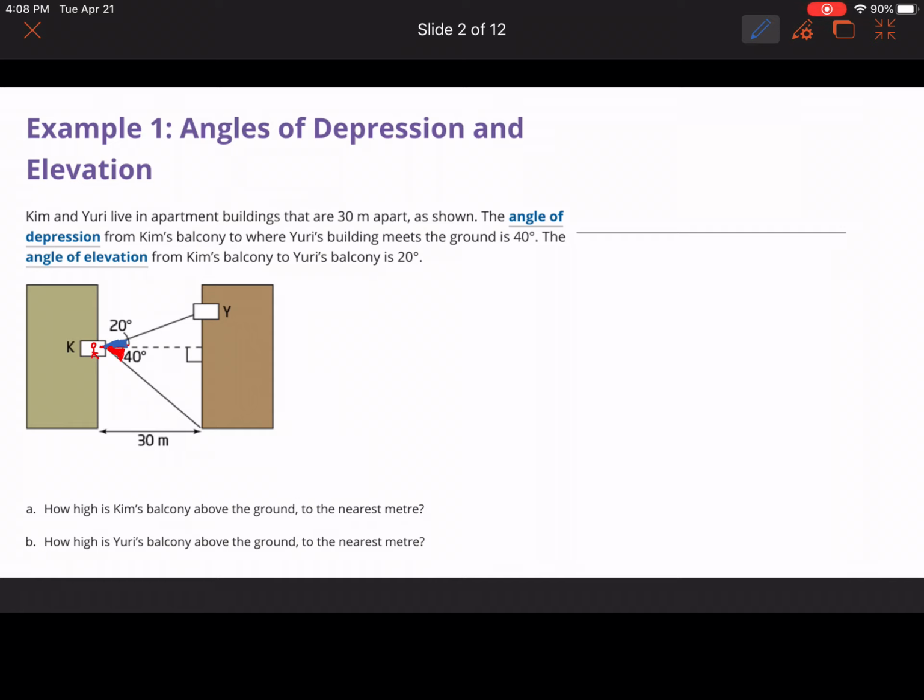So from parallel to the ground and up to the balcony is 20 degrees. From parallel to the ground, looking down to the edge of a building is 40 degrees. The picture's a little bit off because it looks like the balconies are sticking out of the wall, but for our intents and purposes, we're considering that line to go straight through to the wall.